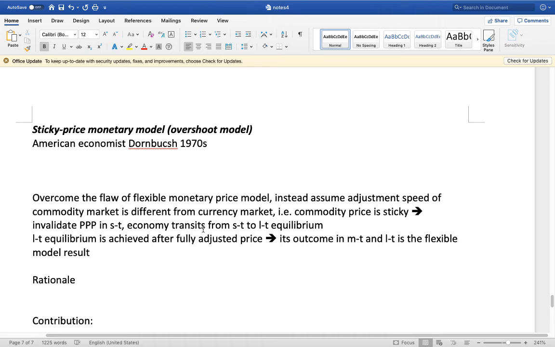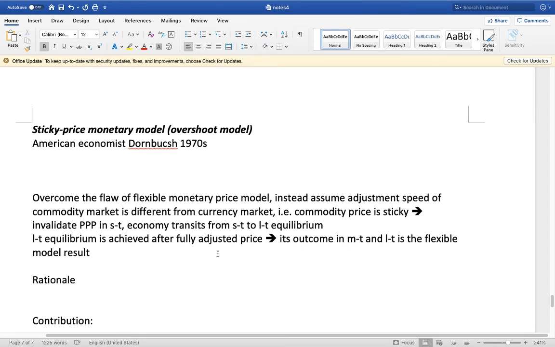In the long term, equilibrium is achieved after the price is fully adjusted, and its outcome in the mid-term and long-term is the flexible model result.